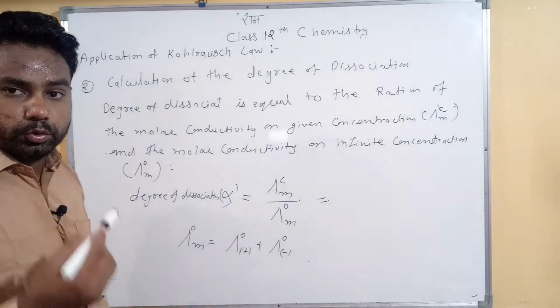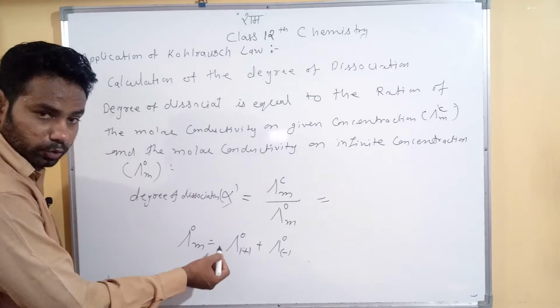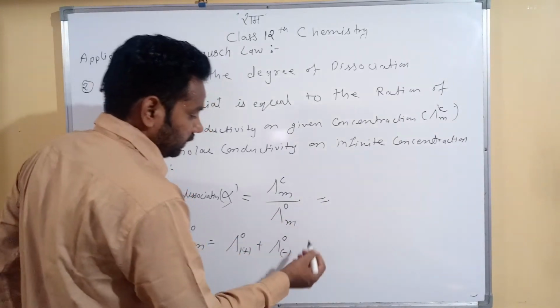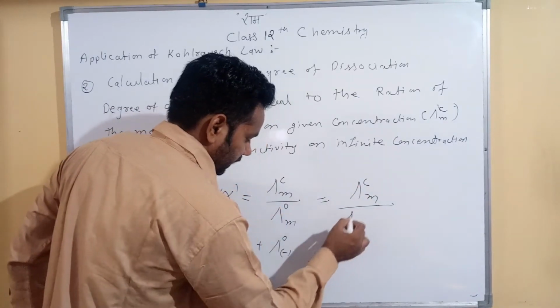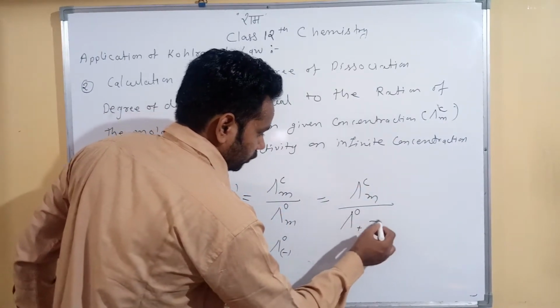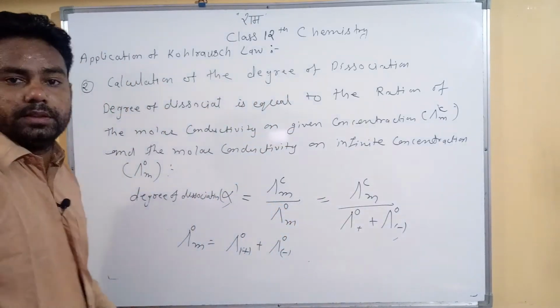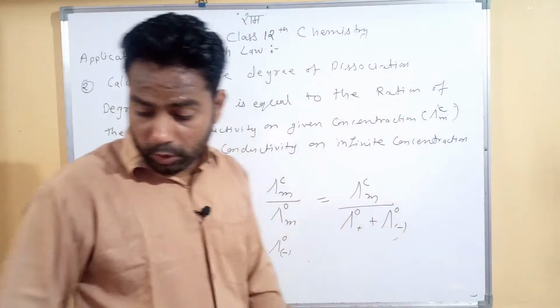Again we know about Kohlrausch's law: lambda 0 m is equal to lambda 0 cation plus lambda 0 anions. So now we put this value in this equation, so we get it positive and negative. Clear? This formula we use in our numerical problems.